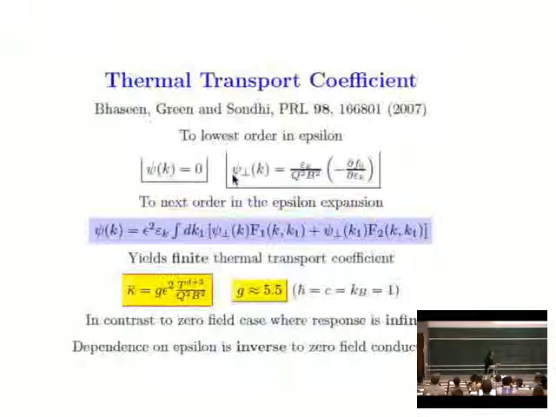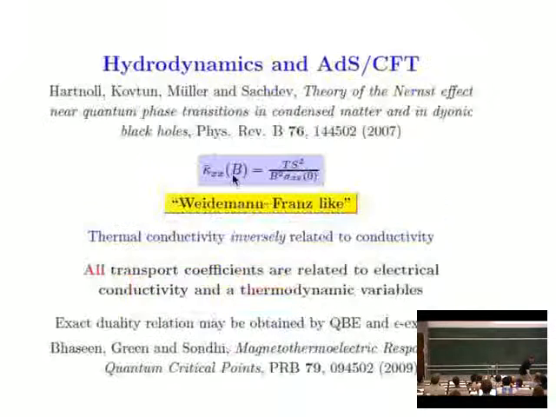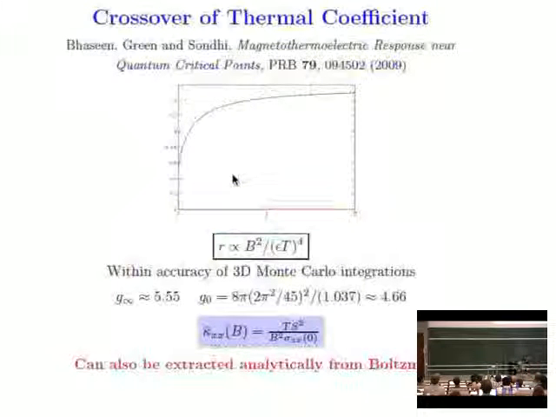And if you look at how it runs as a function of the magnetic field in the problem, the point is that to get the hydrodynamic result here, this value of 4.66 actually corresponds, when you substitute it in, to this self-dual expression that you get out of AdS/CFT. So it's a dimensionless coupling that you have to track into the hydrodynamic regime.